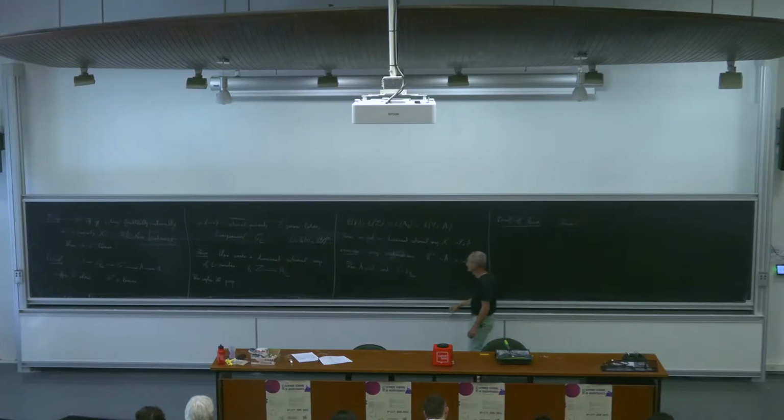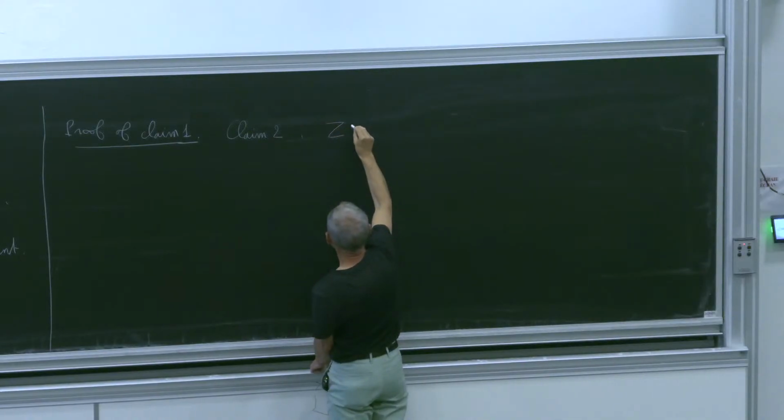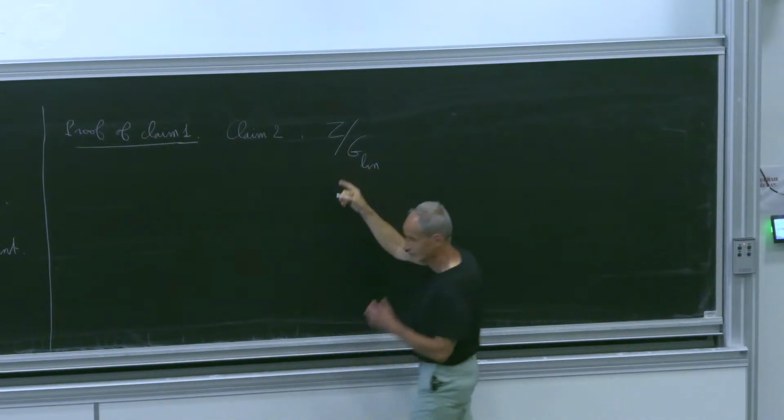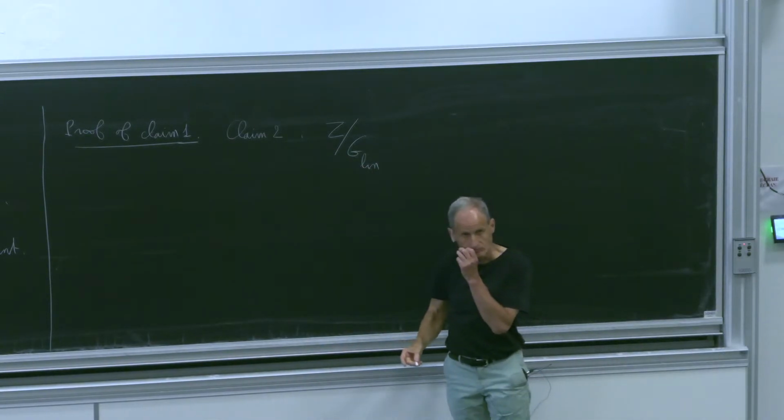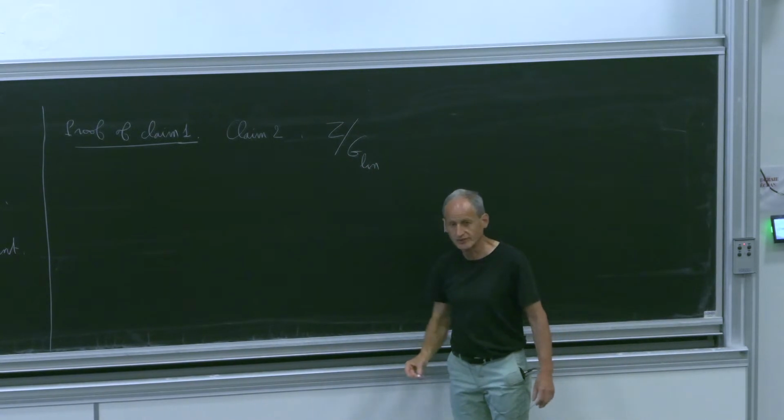Sorry, I should number these claims. Well, the second claim is that Z mod G_lin, the quotient in the sense of categorical quotient, exists.